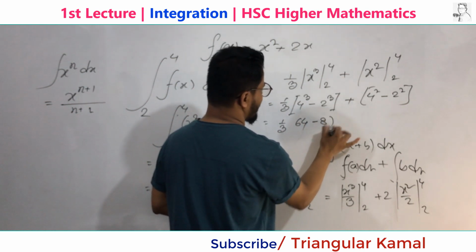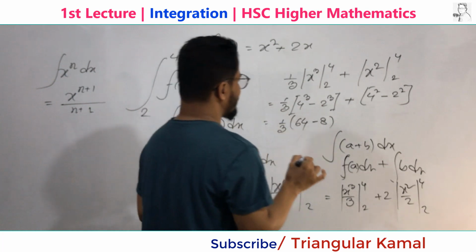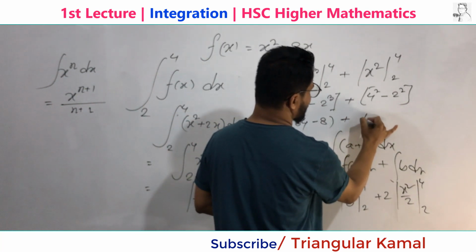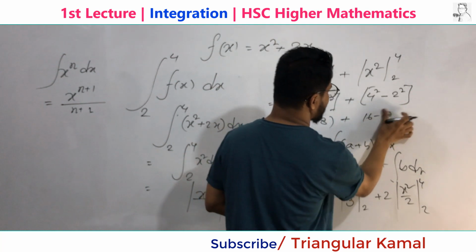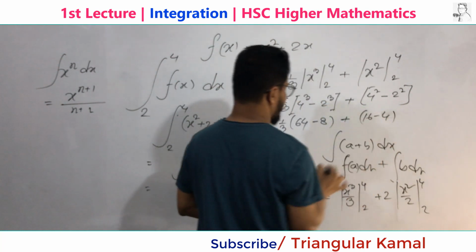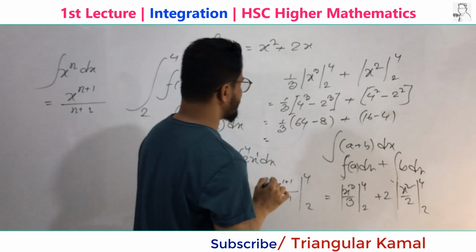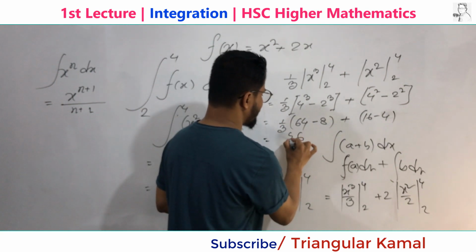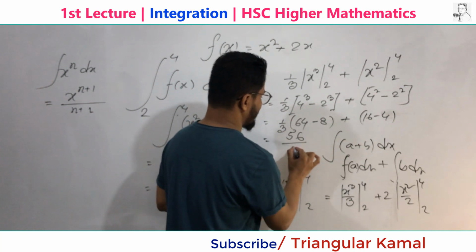Then this one is 8. Now this is 4 fours, just 16, minus 4. So doing simple calculation, you will get 56 divided by 3.